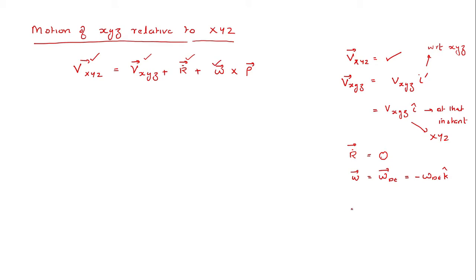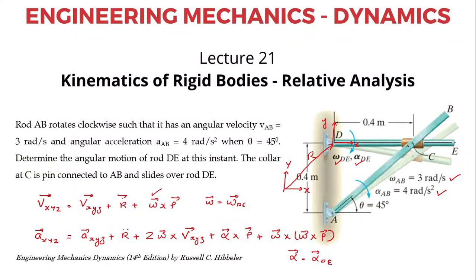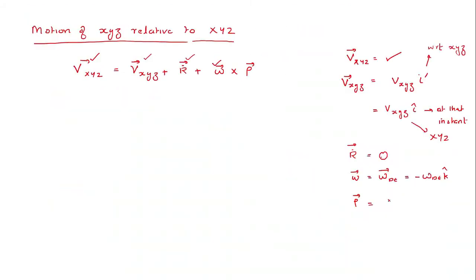And rho vector is the position vector of the collar C with respect to the secondary reference frame small xyz. This is at a distance of 0.4, so I can write this as 0.4 into I dash. But since at that instant of time both small x and capital X are aligned along the same direction, this will be equal to 0.4 into I cap.